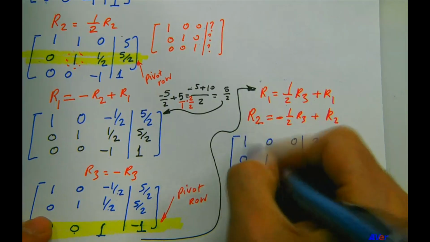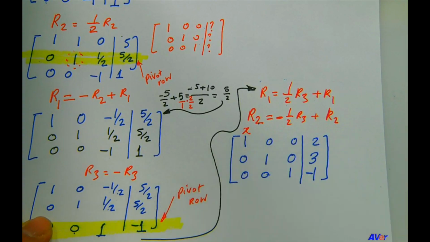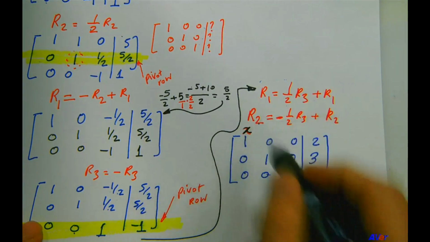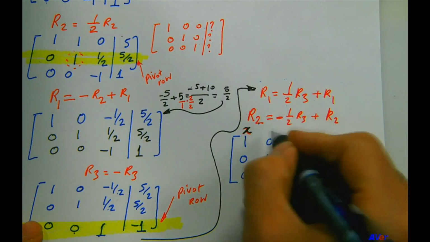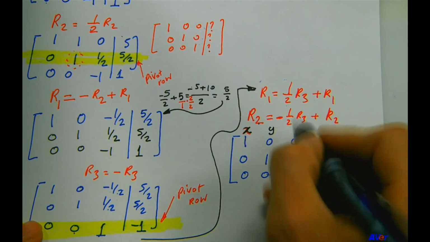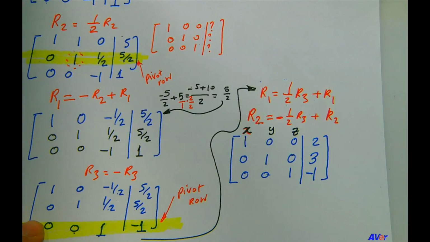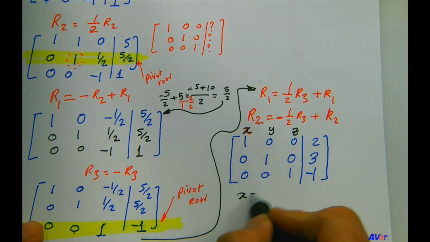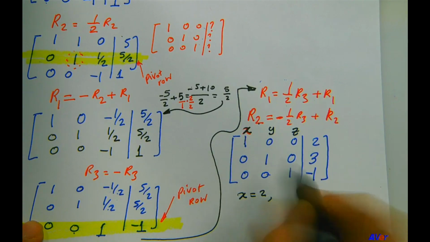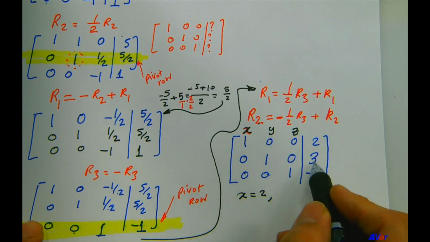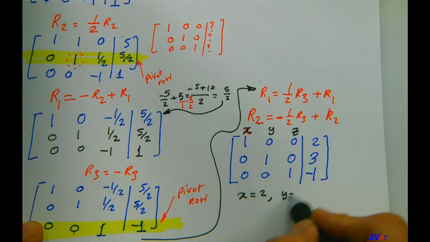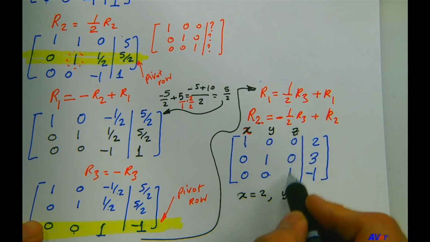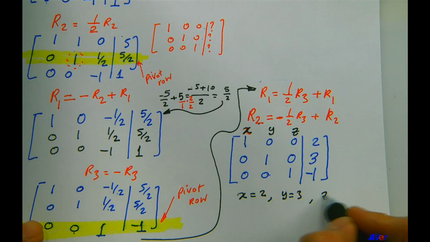Remember, the first column are the coefficients of variable x. The second column are the coefficients of variable y. And the third column are the coefficients of variable z. So 1 times x is x equals 2. 1 times y is y equals 3. 1 times z is z equals negative 1.